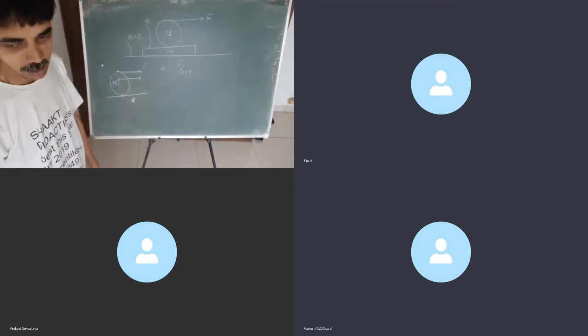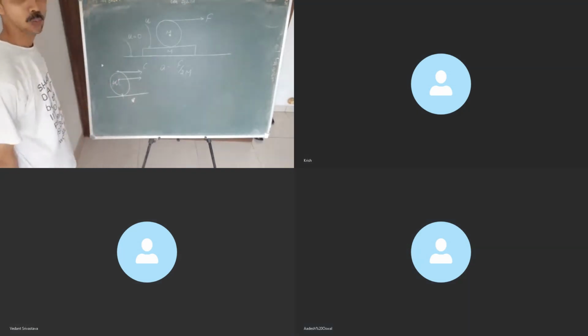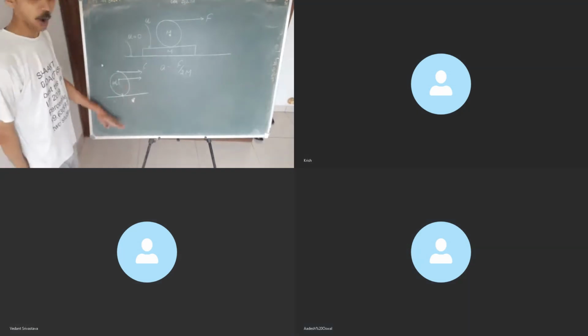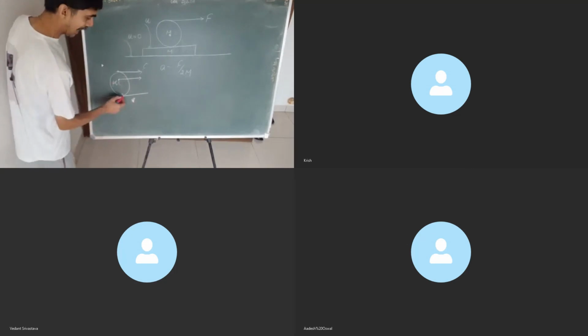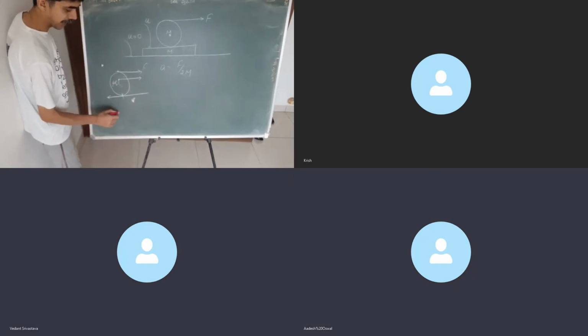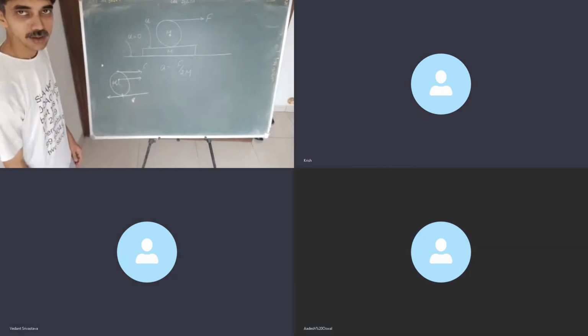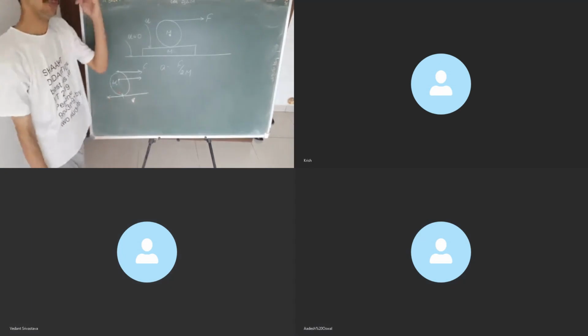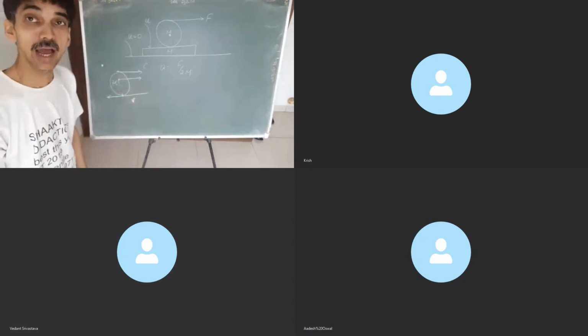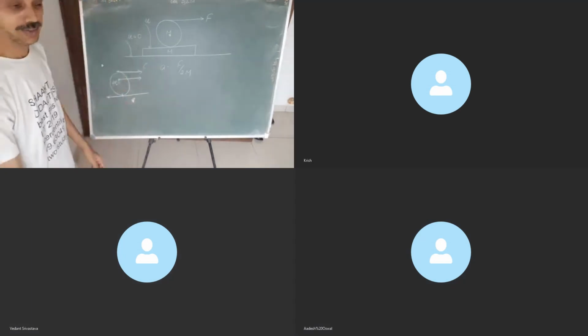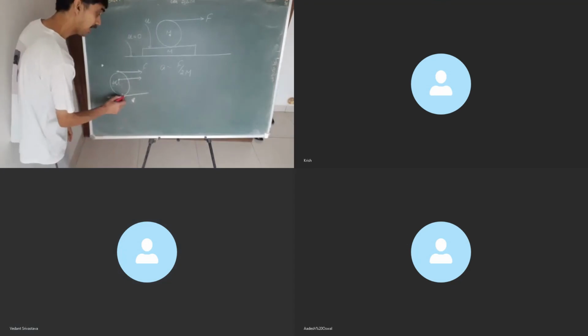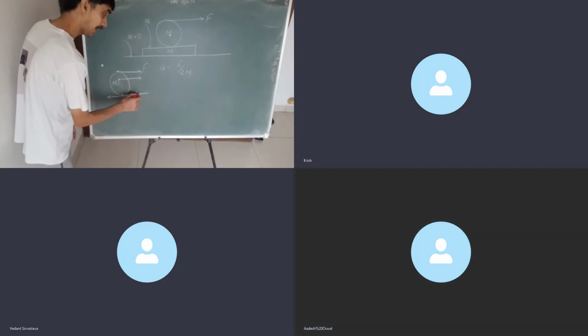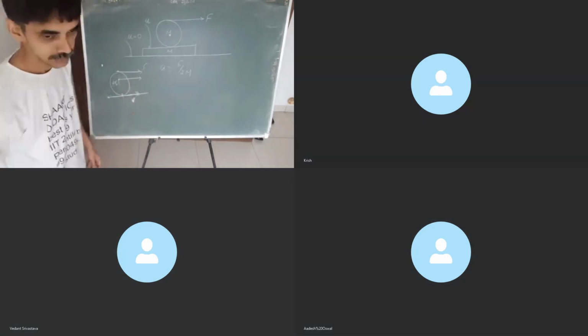But if I apply force below, then friction will act in the backward direction, correct? If I apply above, then friction will act in the forward direction. Got it?